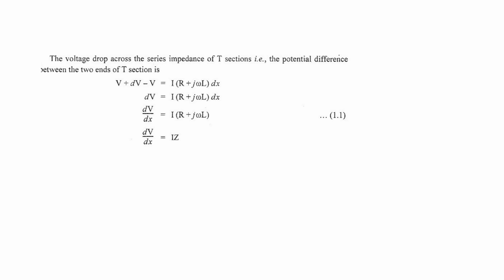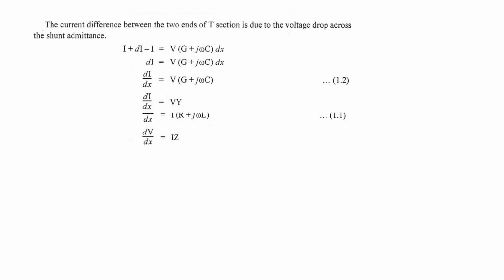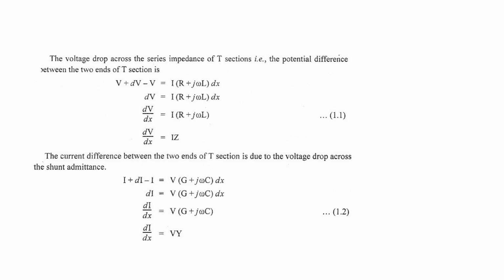Similarly, we have to calculate the current difference between the two ends of the T section, and this is due to the voltage drop across the admittance of the T section. The current at one end of the T section is I and at the other end is I plus dI. So the difference is I plus dI minus I, and this is equal to V into Y, that is V into (G plus j omega C) into dx.